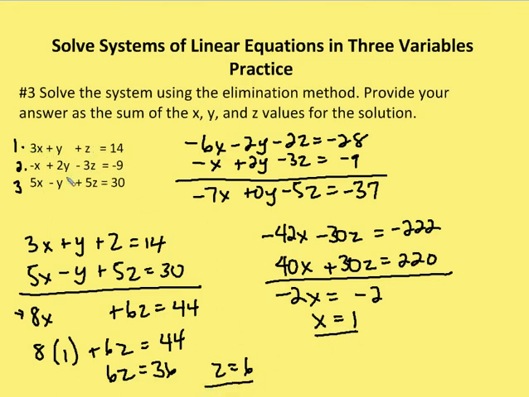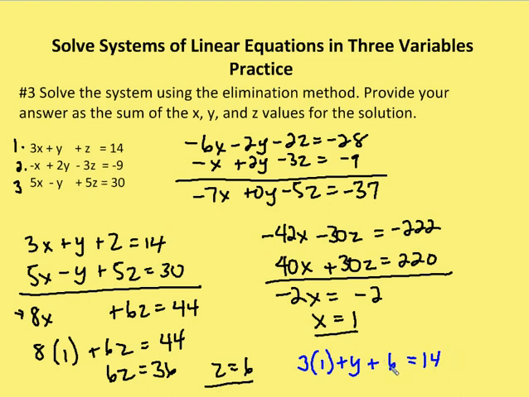I'm going to put those back into any of these equations, substituting 1 for x and 6 for z, into any one of these three equations and solve for the remaining variable y. I'm going to choose the first equation. Let's do that in blue. So I have now 3 times 1 for x plus y plus 6 for z is equal to 14. 3 times 1 is 3, plus 6 is 9.